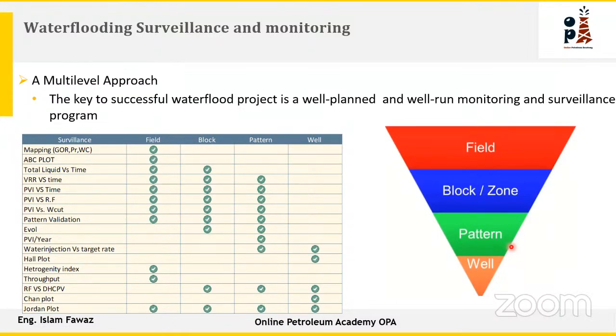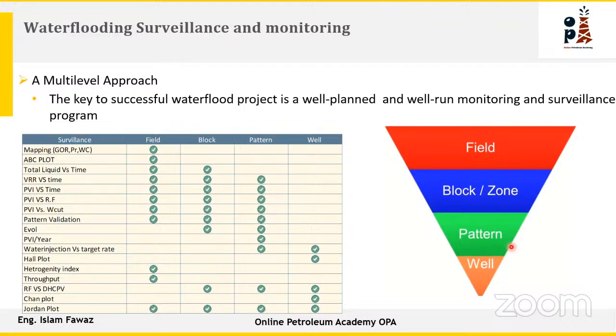At the well, you look at whether water is pumping out from the reservoir, or at the injector, whether there is no injection, which could mean the interval is plugged by scale around the well. So surveillance is very, very important, and don't forget to look at your reservoir from different perspectives, starting from the field, down to block, pattern, and well. I have gathered all of the surveillance available for water flooding in order to get the maximum from this field.